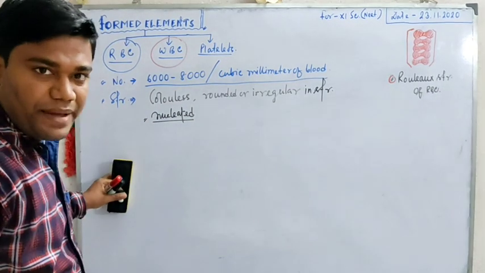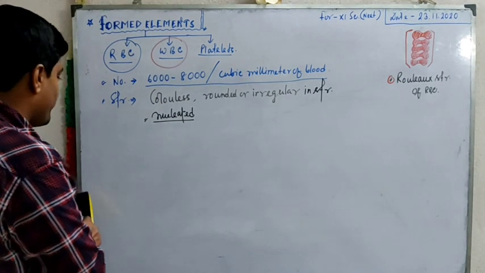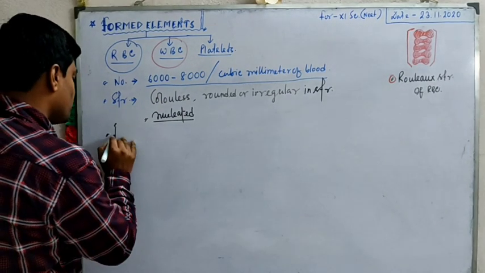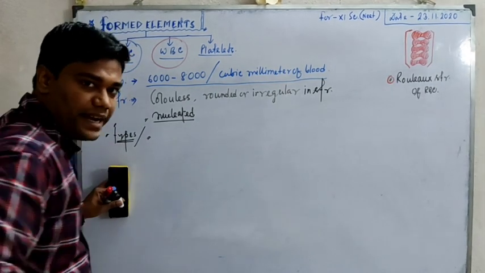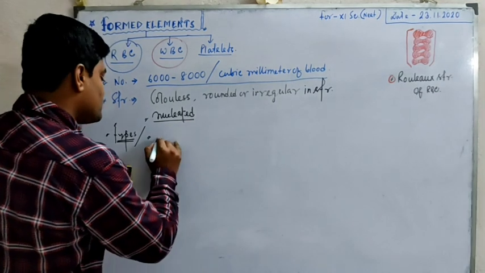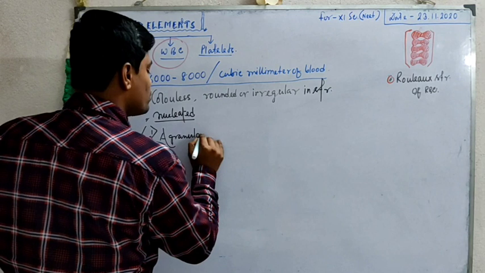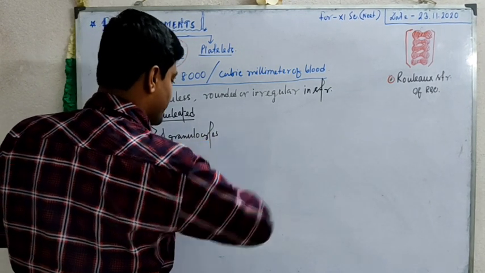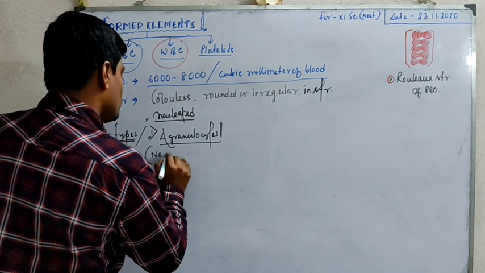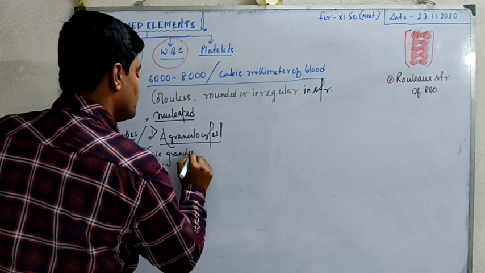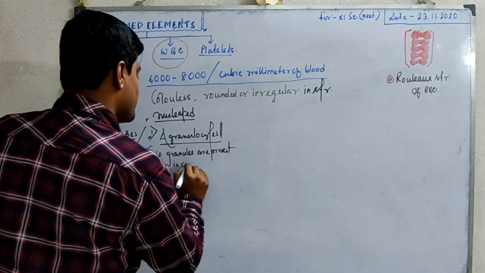As we all know, on the basis of the presence of granules in cytoplasm, WBC are classified into two types: granulocyte and agranulocyte. First, agranulocytes, where no granules are present in cytoplasm.